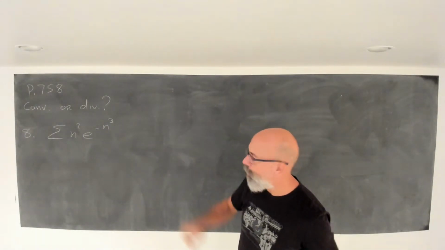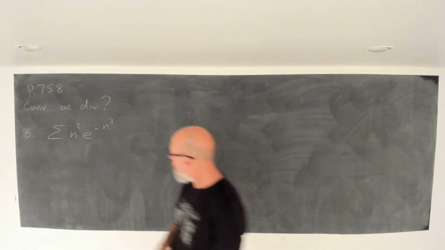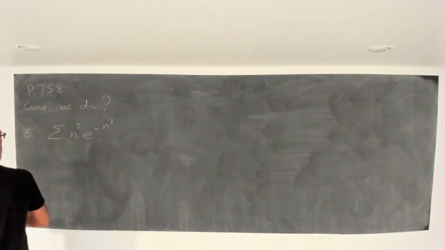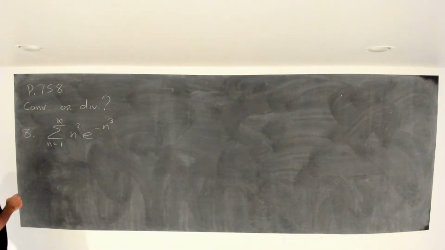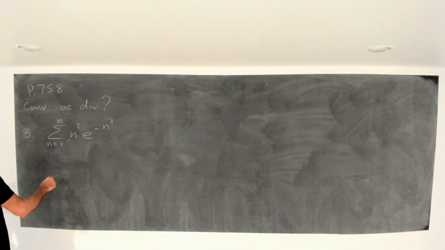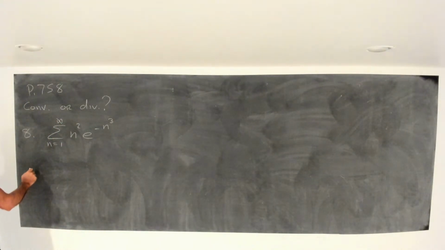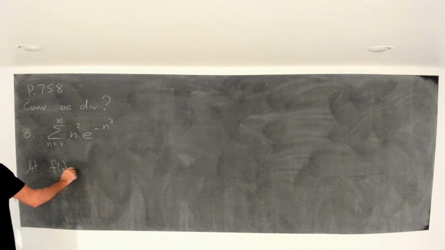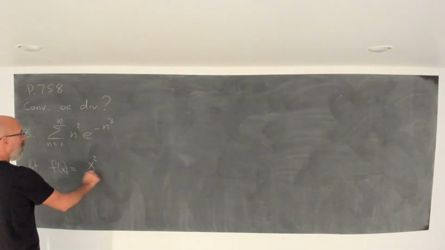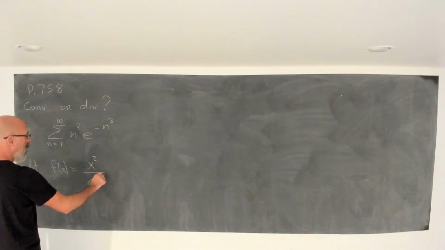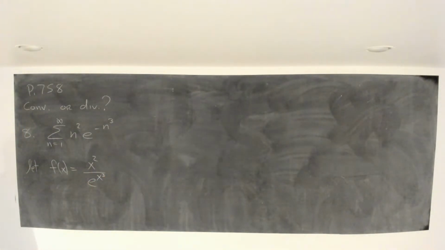All right, so consider this, where n starts maybe at 1, right? So if we define the function x squared over e to the x cubed, this is the function that gave rise to this.